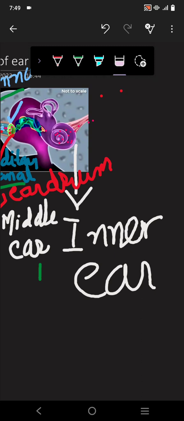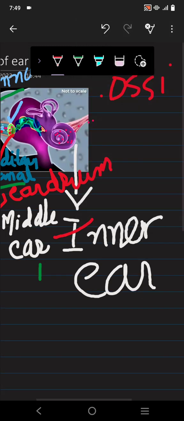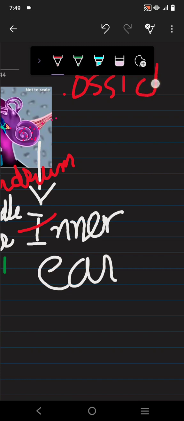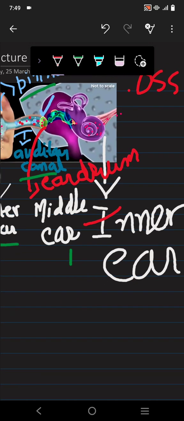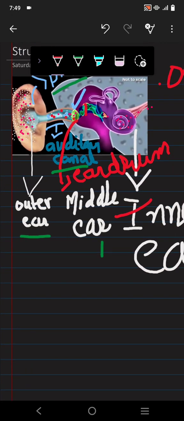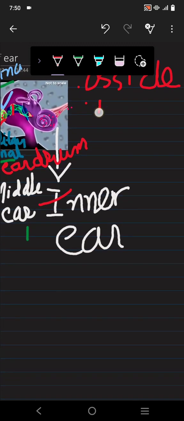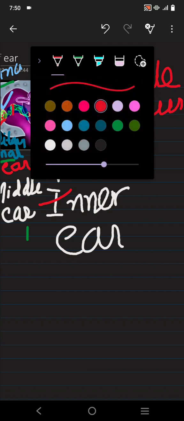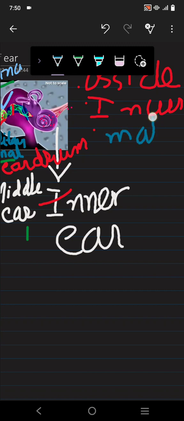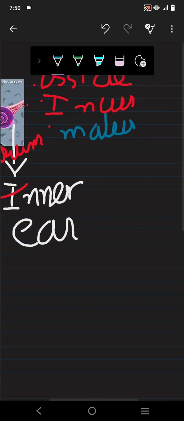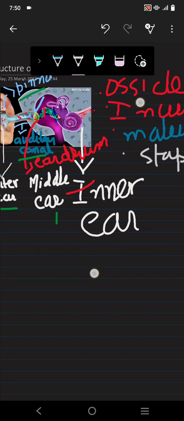These three bones are together known as the ossicles. The first bone is known as the incus, the second one is known as the malleus, and last but not least, the stapes.